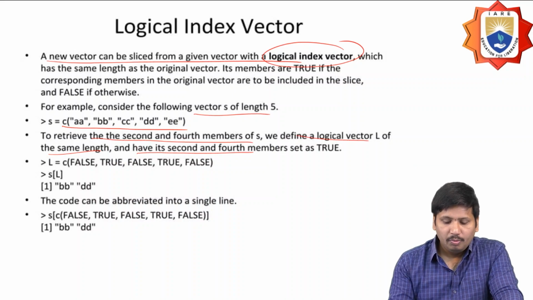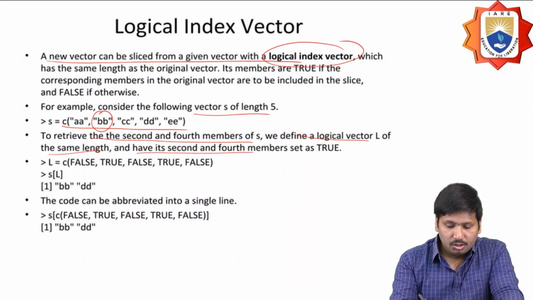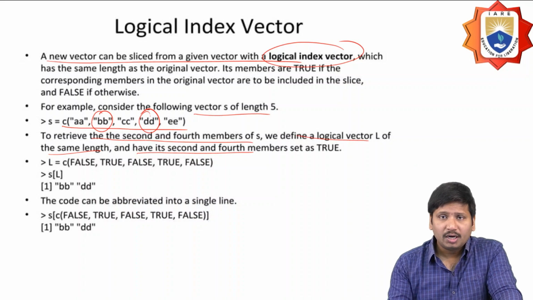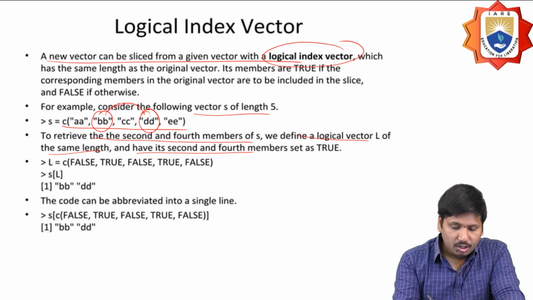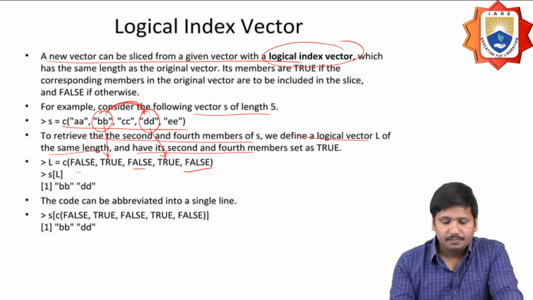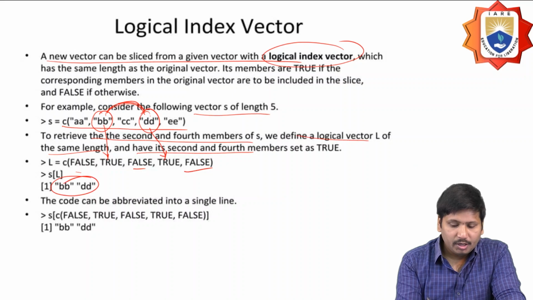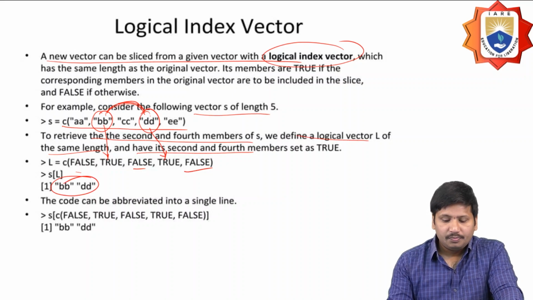Suppose I want to access only these two values, how can I write it through a logical index vector? I'm going to write true for those, and the remaining should all be false. Then only I can get b and d.